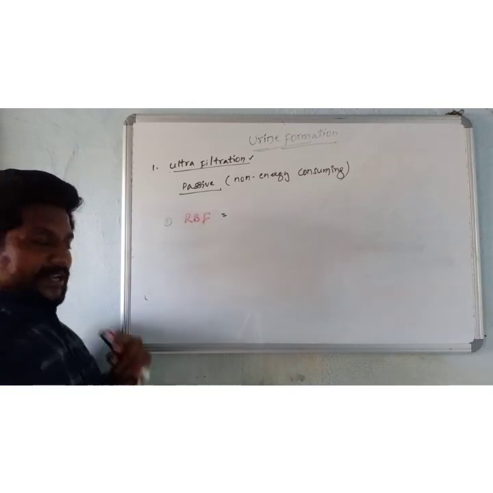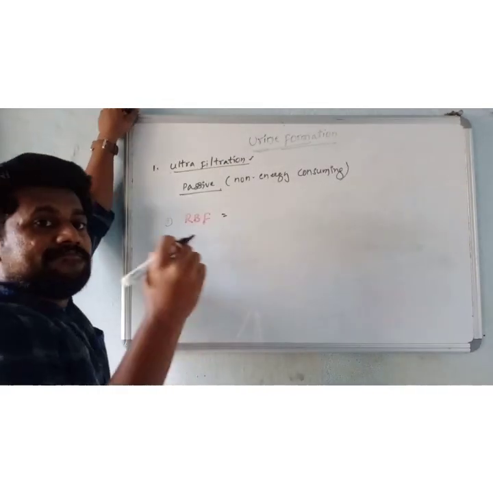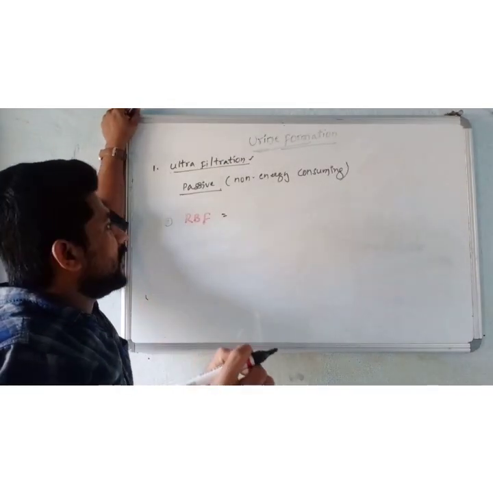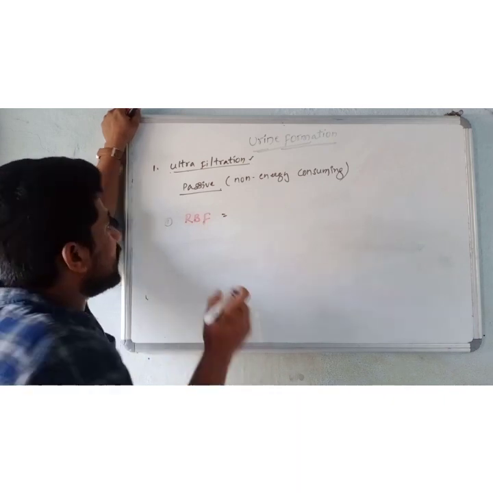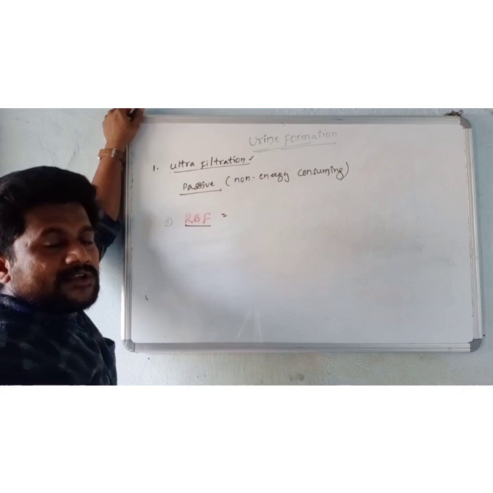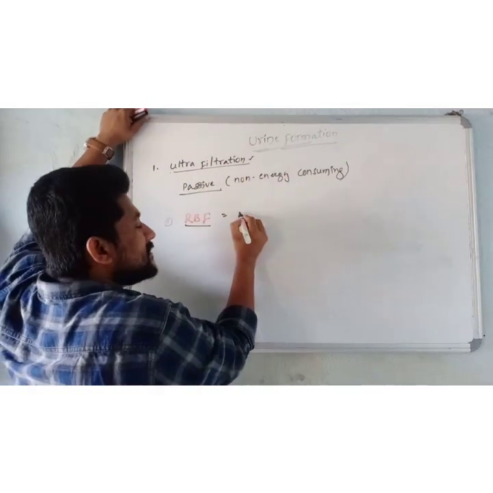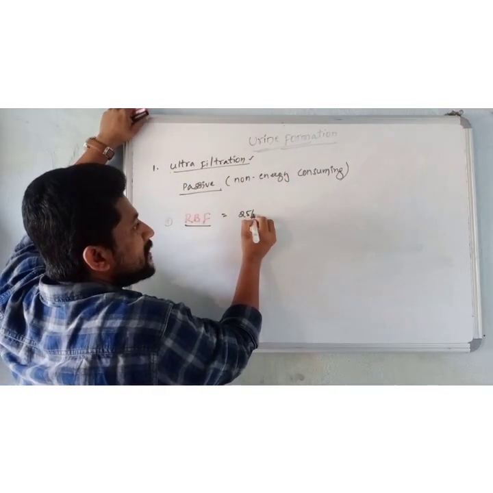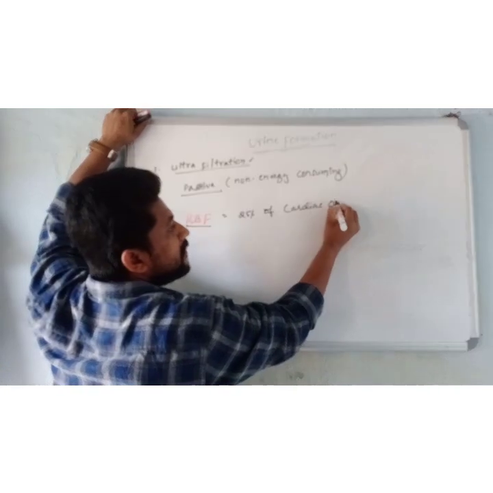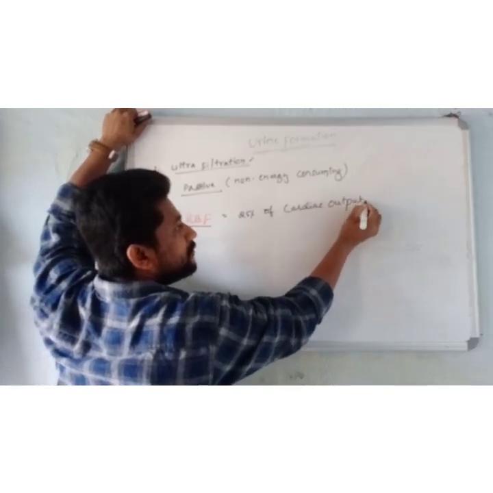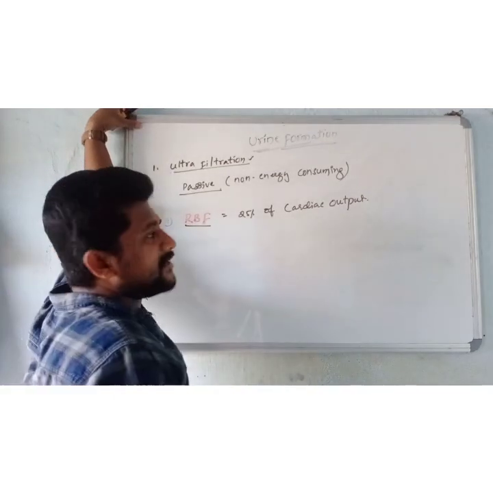Renal blood flow means how much blood enters our two kidneys. Okay, that is the RBF. It is nearly 25% of the cardiac output.